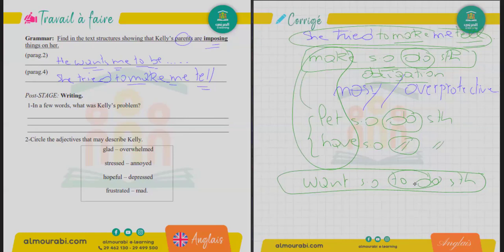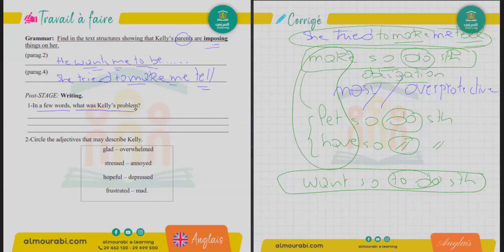Now I just want your reaction to the text. In a few words, can you tell me about the main problem of Kelly? Just in 2 lines, would you tell me about the main problem of Kelly?